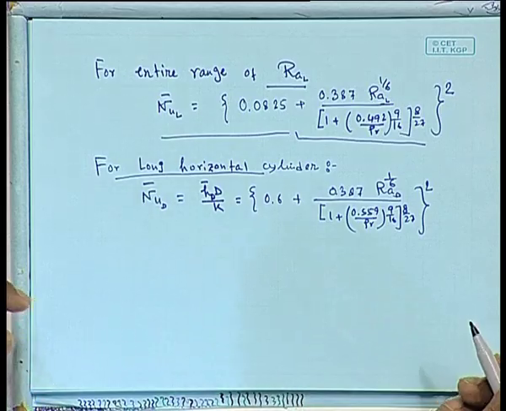So, in most free convection calculations you will have various correlations to estimate the Nusselt number.